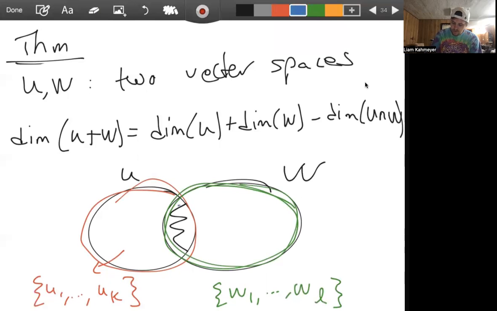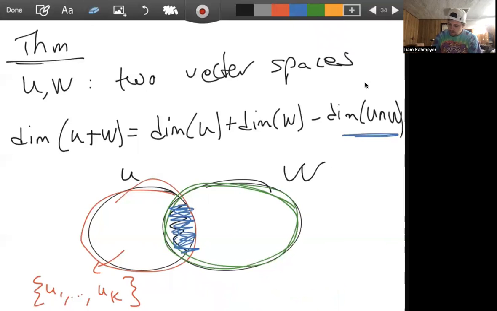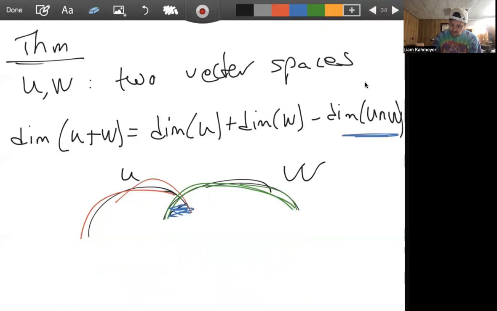Well, for everything in the middle that belongs to U and W, you've counted that twice, right? Because you counted it once for when it belongs to U, and once for when it belongs to W. Since you counted that twice, you need to subtract off one copy of all those things you counted. And that's exactly the number of elements that you counted twice, which is the dimension of the intersection.